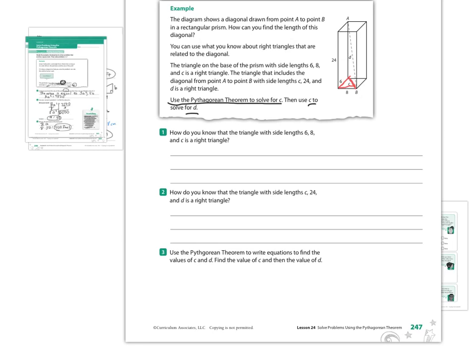It says, how do you know the triangle with lengths 6, 8, and C is a right triangle? We know it's a right triangle by definition of a rectangular prism. So I'm going to start off by writing that. Sorry about my writing.